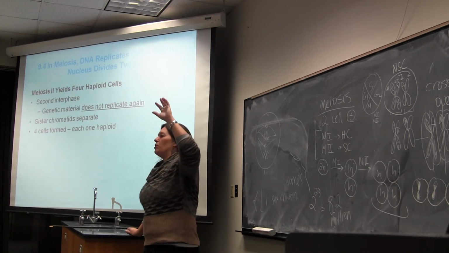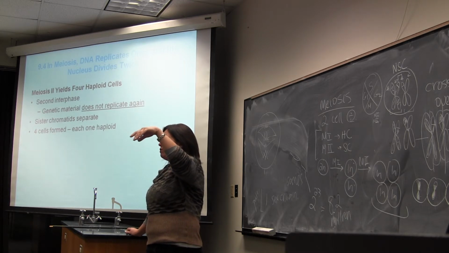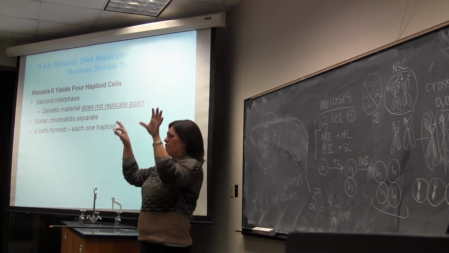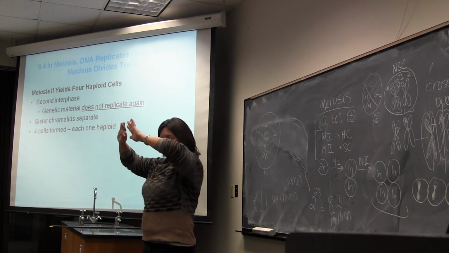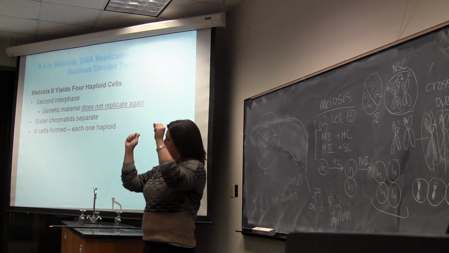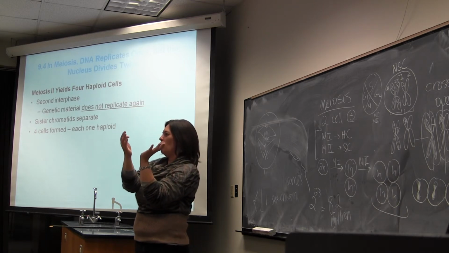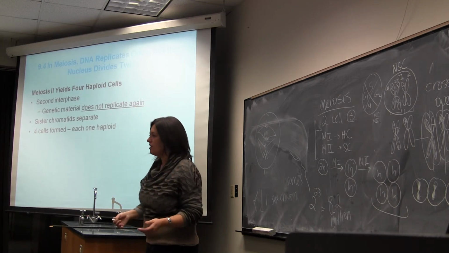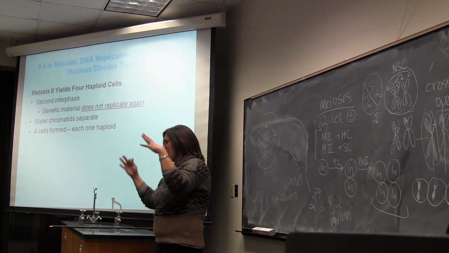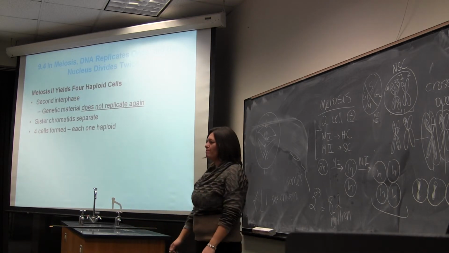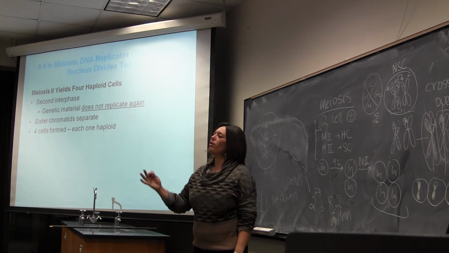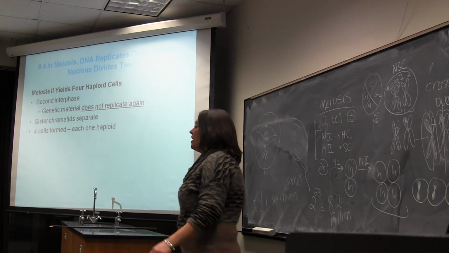The first one separates homologous chromosomes and has this crossing over, and then it divides in telophase, and then you have cells. And then they start immediately condensing again. They took all this energy to reform the nuclear envelope in telophase 1, and then they're just going to turn around and break it back down again in prophase 2, or condense it down, so it's literally one right after the other.